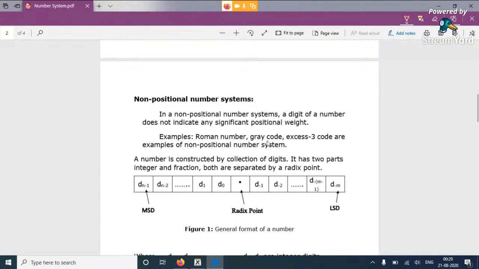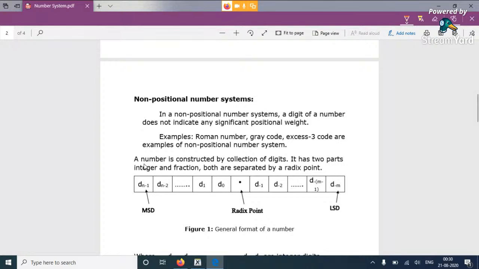Then Gray code and XS3 codes are also examples of non-positional number systems. What are Gray code and XS3 code? I will discuss this in later lectures. I hope every student has a clear concept of this. In a non-positional number system, digits or symbols have no positional weight.